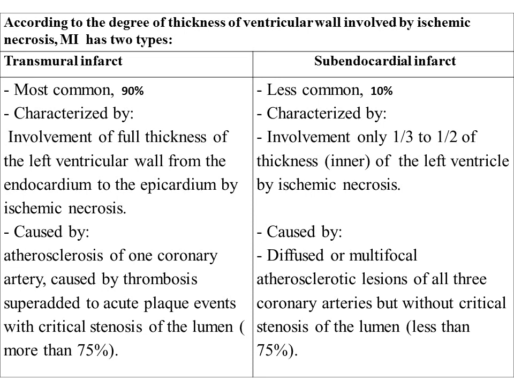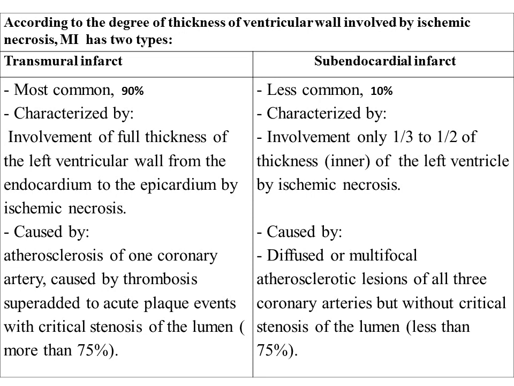According to the degree of thickness of the ventricular wall involved by ischemic necrosis, there are two main types of myocardial infarction: transmural infarct and subendocardial infarct.